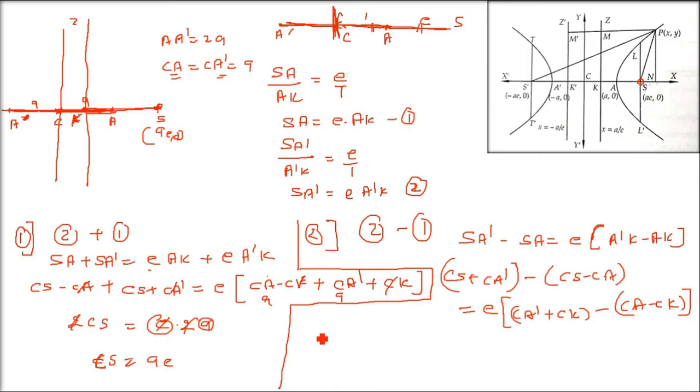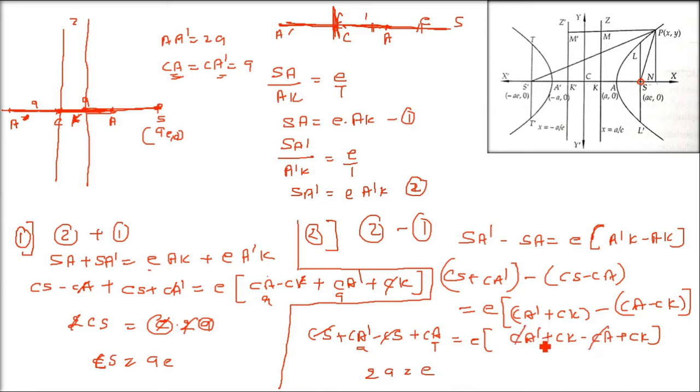Okay, now expand it, open the brackets: CS plus CA dash minus CS plus CA equals e times CA dash plus CK minus CA plus CK. CS gets cancelled. CA dash is a, CA is a, so it's 2a. CA and CA dash both are a, you take them as 2a.